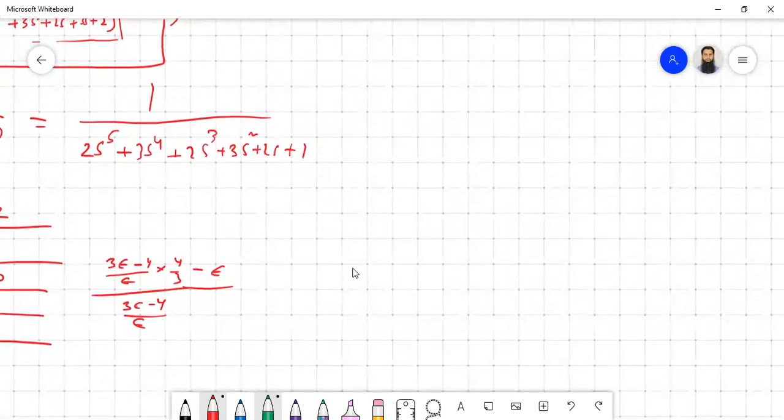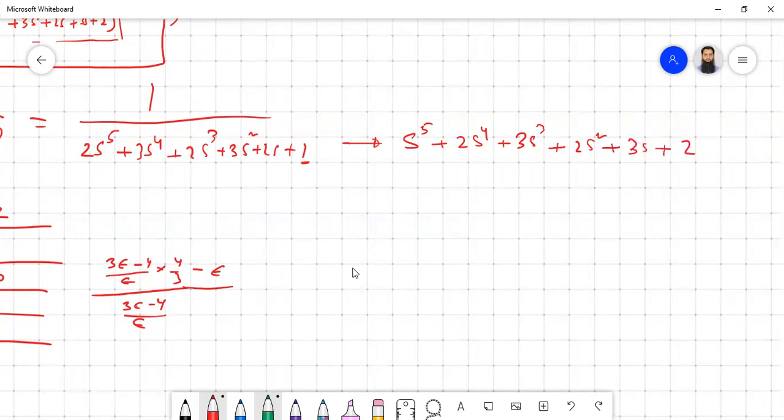So that is why let us also go for the change of the coefficients. Okay, so for the change of the coefficients, I start with s to the power 5. So we have to take this coefficient first, s to the power 5 plus 2 s to the power 4 plus 3 s cubed plus 2 s squared plus 3 s plus 2.